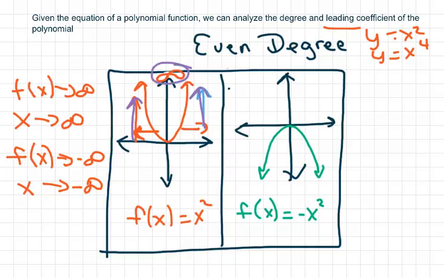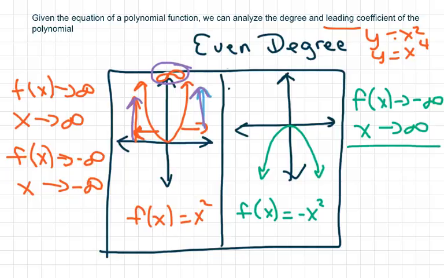Now, when the lead coefficient is negative, or we have -1, then y approaches negative infinity as x approaches infinity. Let me write this again: negative infinity as x approaches infinity.